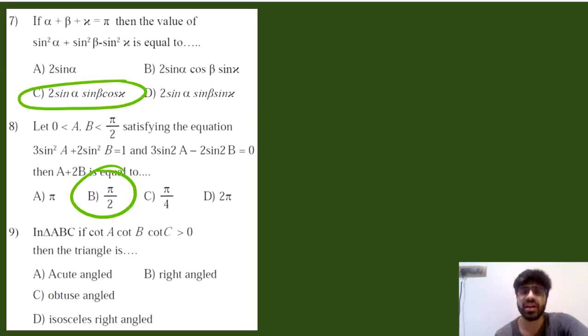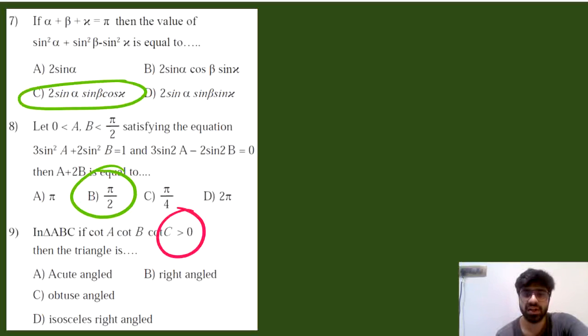Cot for that obtuse angle would be negative, but for the other two acute angles, cot would be positive. Which is why if one of them would have been negative, the product would have never been greater than 0.